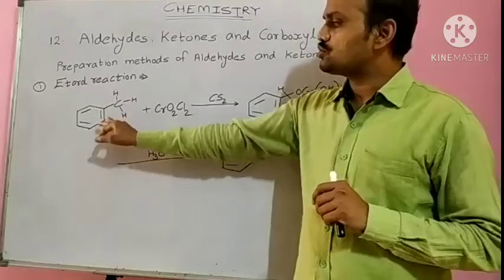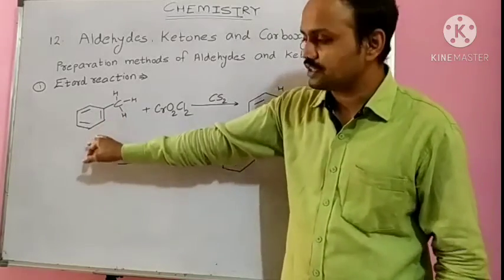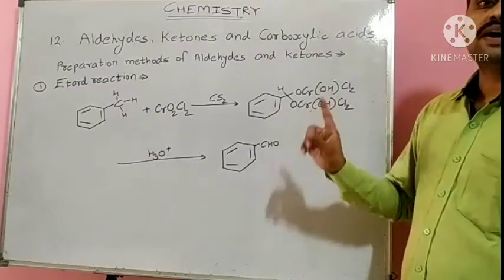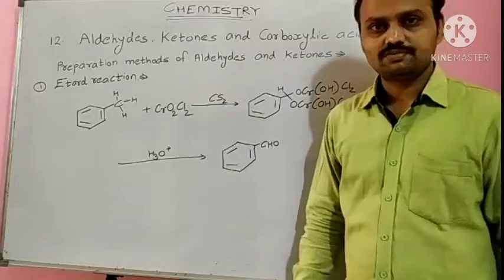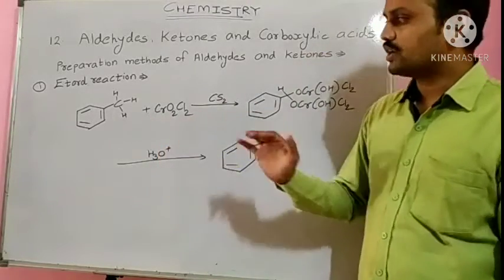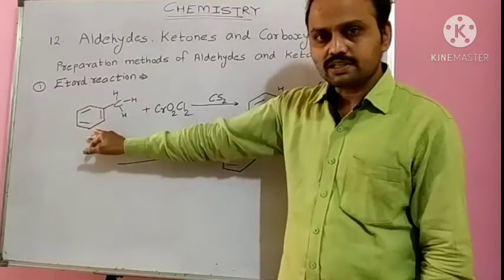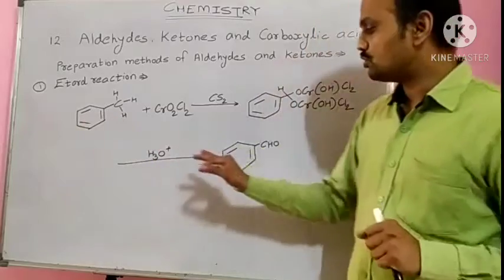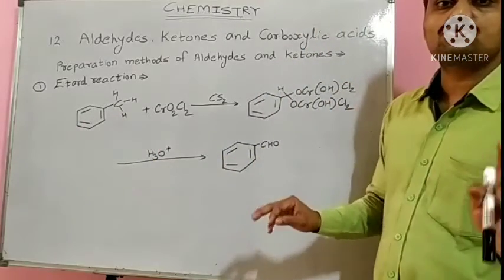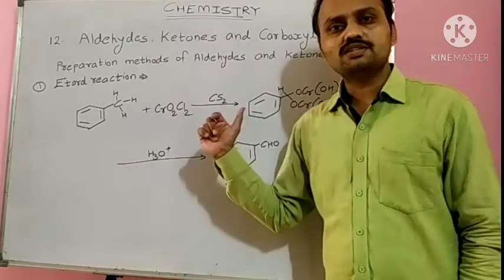The methyl group attached to the benzene ring is directly converted into a CHO group by a strong oxidizing agent, chromyl chloride. Let us see what is happening in this reaction.